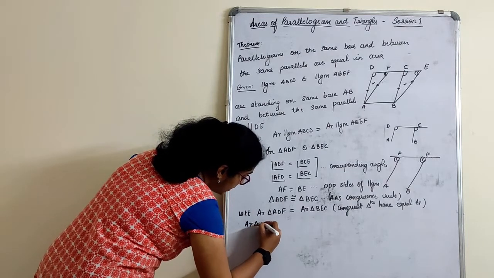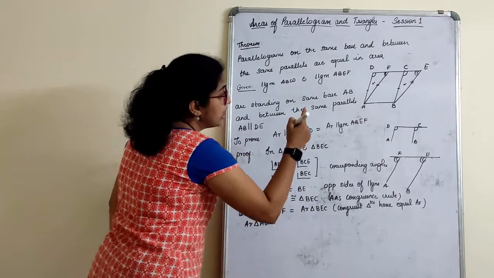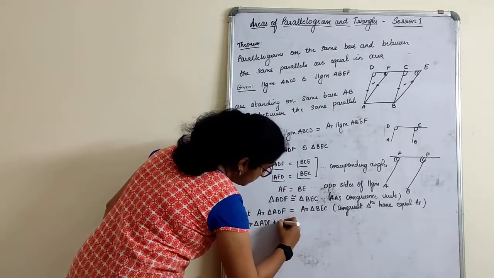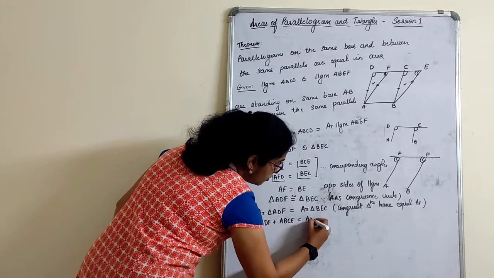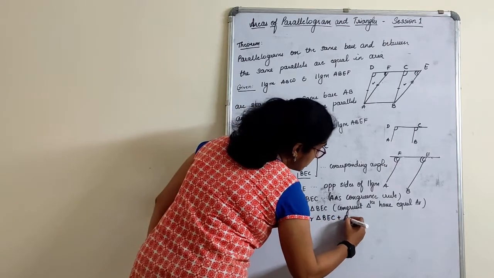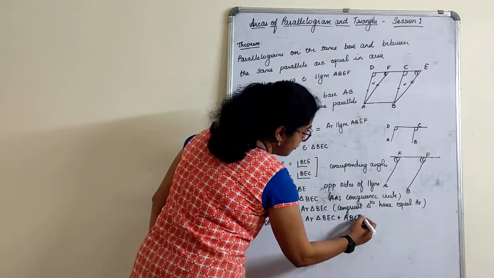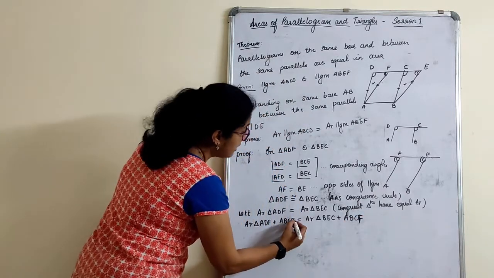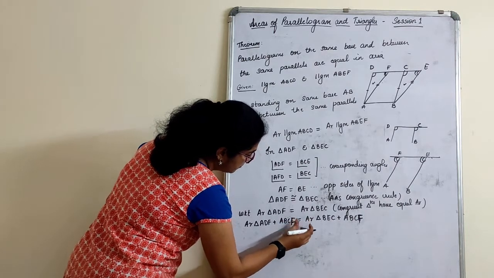Area of triangle ADF plus area of quadrilateral ABCF is equal to area of triangle BEC plus ABCF. Okay.